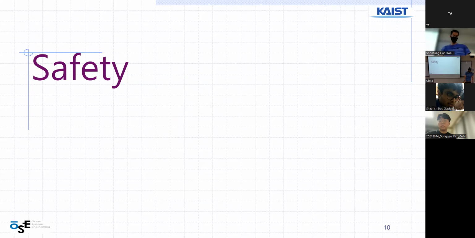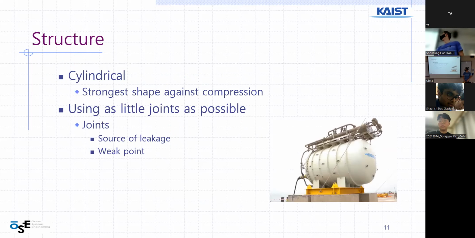Next, we will talk about the safety. For the structure itself, it needs to be cylindrical since it's the strongest shape against compression. With the high water pressure, because we put it under the sea on the ocean floor, it needs to withstand the compression of the seawater.